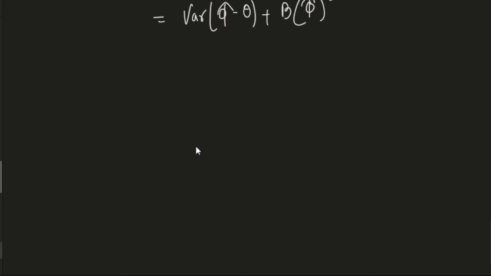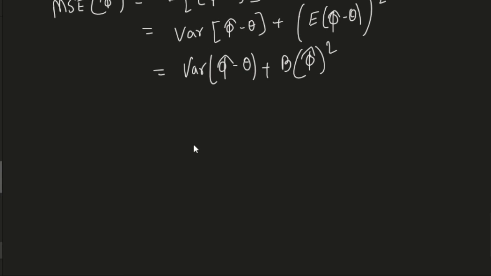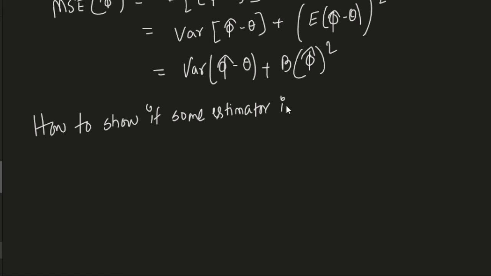Now, here comes an important property for showing something is a consistent estimator. Our topic is how to show if some estimator is consistent.